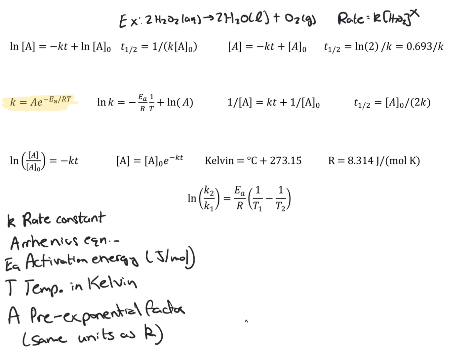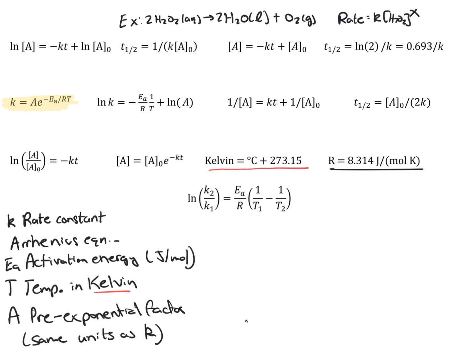That will match if we look at the next unit there, R. So R, remember, is the ideal gas constant. So that's here given in joules per mole. Now T is temperature in Kelvin. Since that's in Kelvin, we need to be able to convert that to or from Celsius. So that's the unit conversion that's shown there.